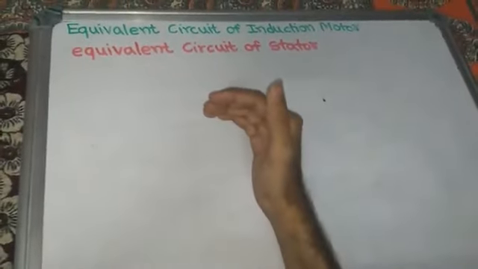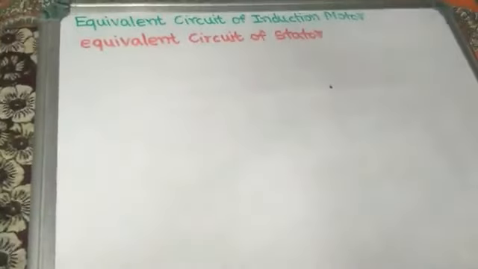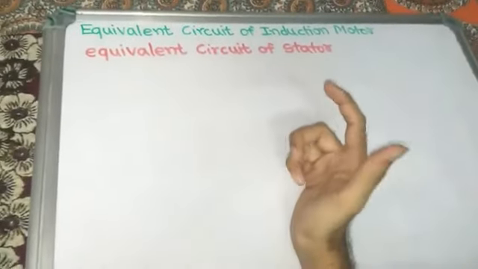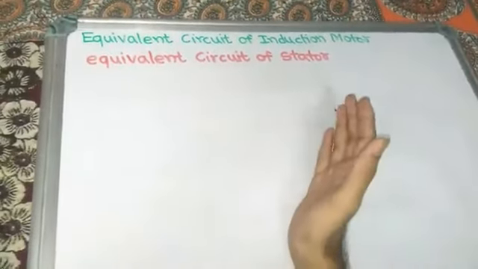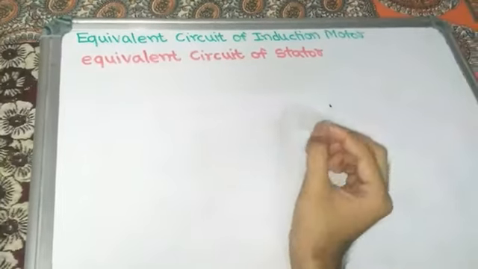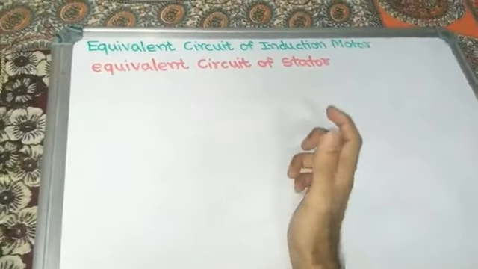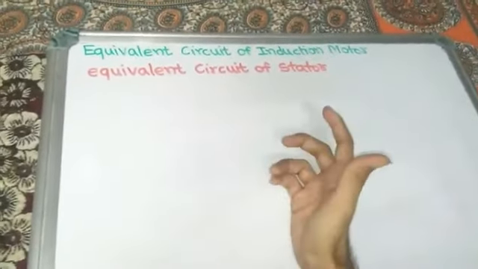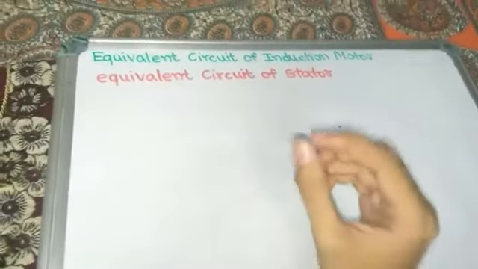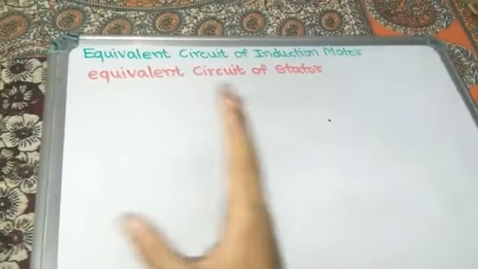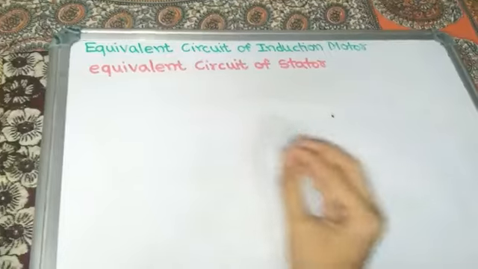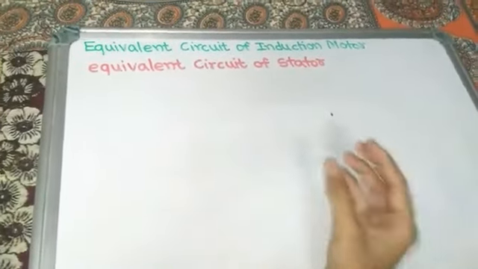So we have to do some arrangements here. First, tell me what is the difference between a transformer and an induction motor? The only difference is that the secondary winding of the induction motor, that is the rotor, is dynamic, meaning it is rotating, and is short circuited. All the other things are common to both the induction motor as well as the transformer.